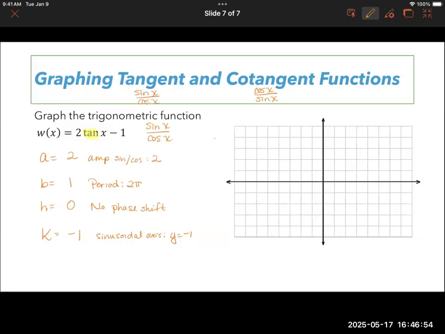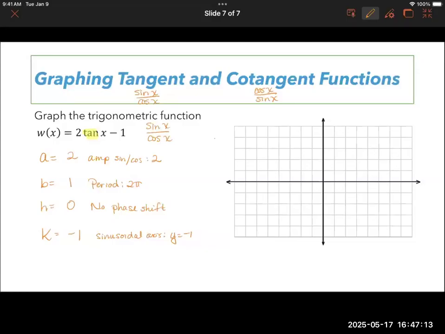Now, in the actual tangent, it's not called amplitude anymore because it's not a max or min point. But when we're doing the sine and cosine, the amplitude is 2. When we're talking about the tangent, the 2 really just represents a vertical stretch.